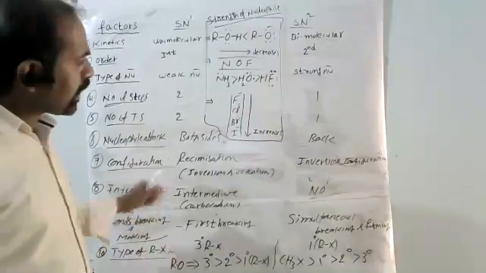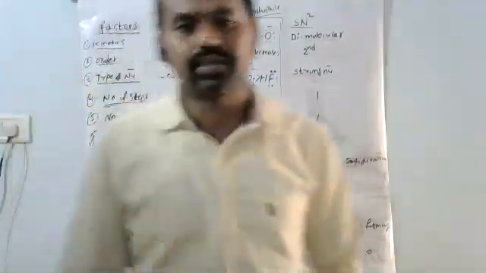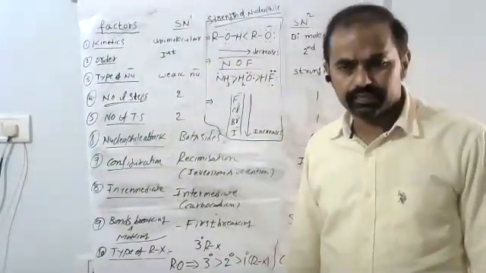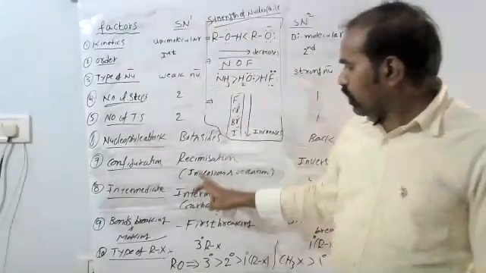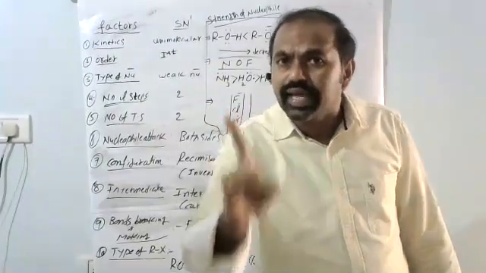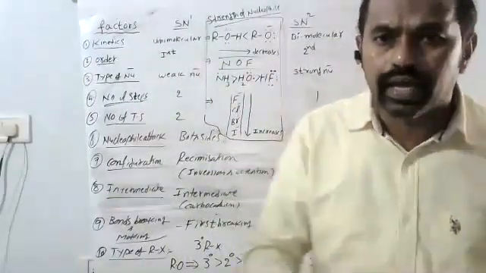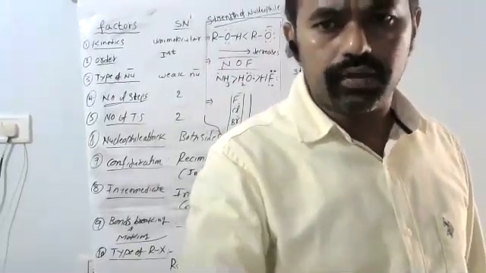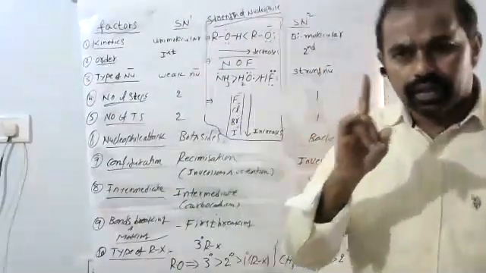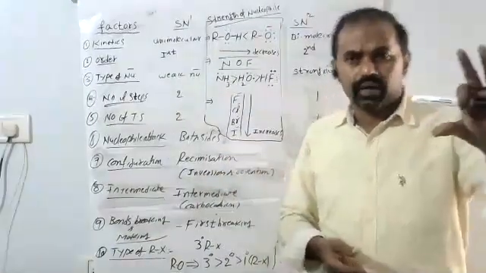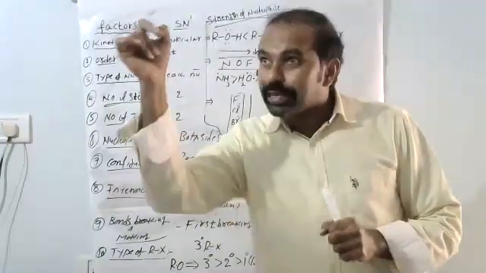Now, intermediate product. Which intermediate product do we have in SN1 reaction? Carbocation, very good. SN1 reaction proceeds through one reaction intermediate, the carbocation. In SN1 reaction, first the alkyl halide, tertiary butyl bromide, is converted into carbocation C+.